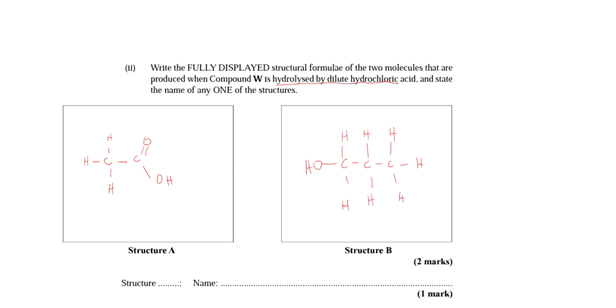We have to choose either A or B and name it. So if we choose the first one here, structure A, we have 2 carbon atoms, so therefore this is just ethanoic acid.